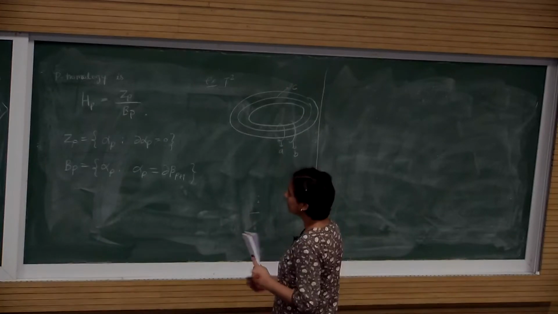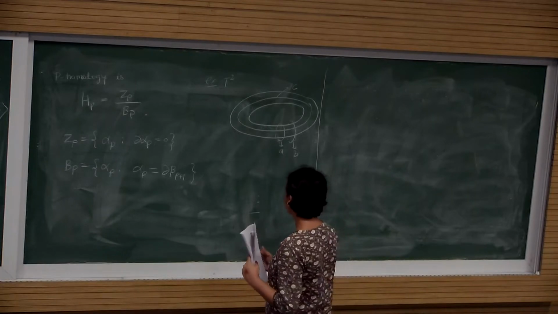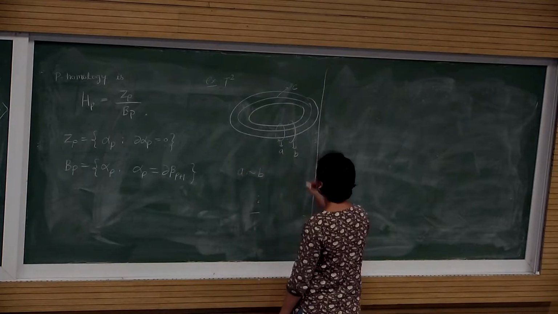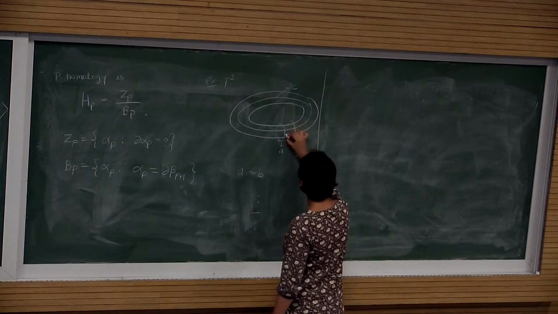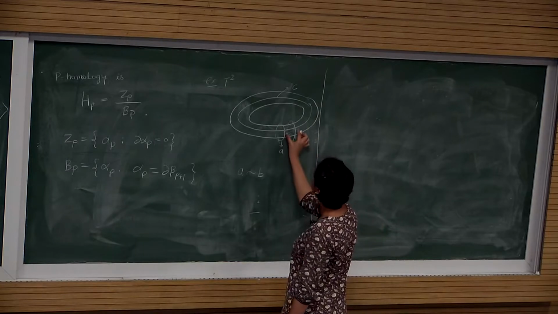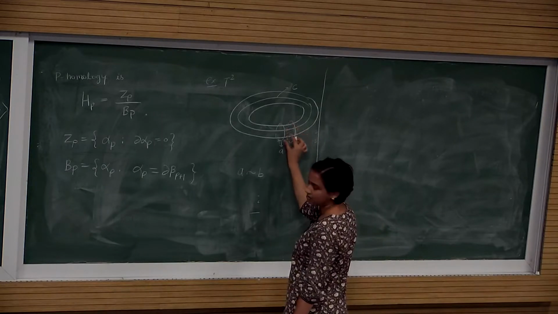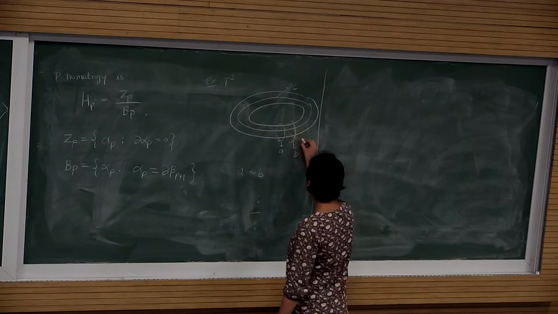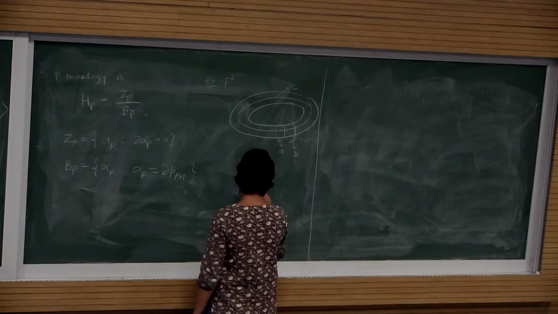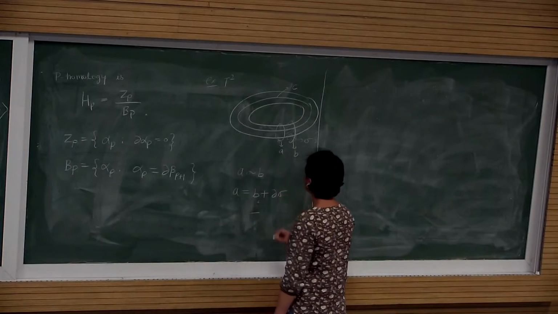So the statement of the homology is that A and B are equivalent because they are related by the boundary of this inner surface we have here. Let me call it sigma. Then A can be written as B plus del of sigma.